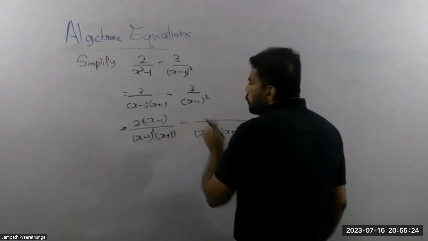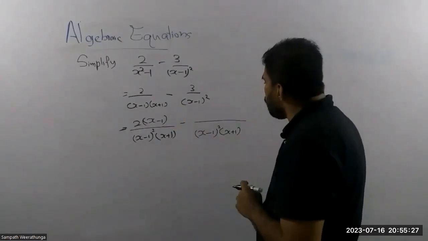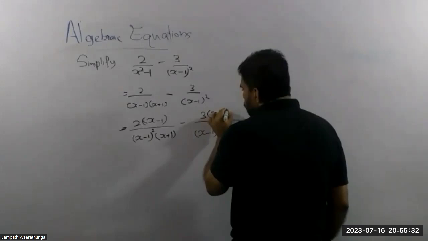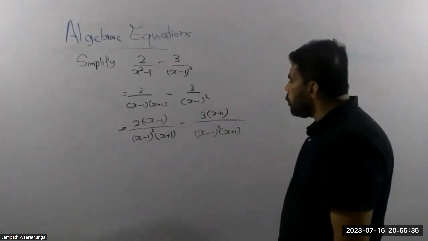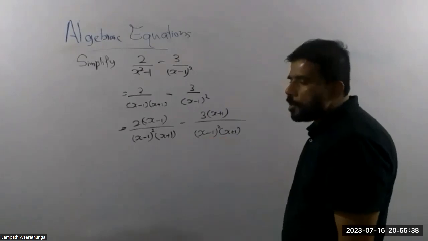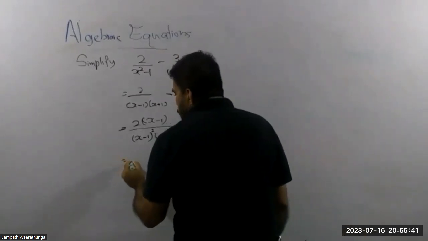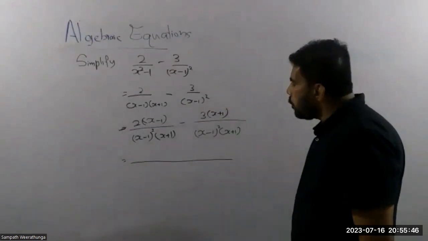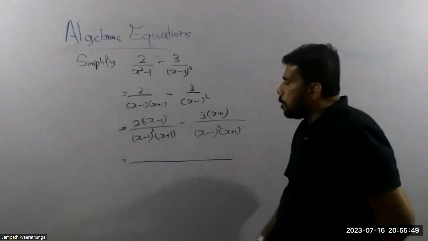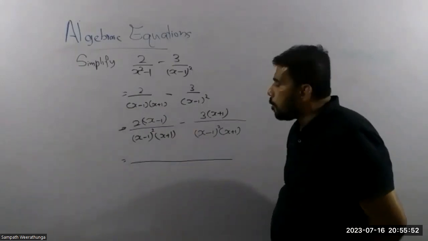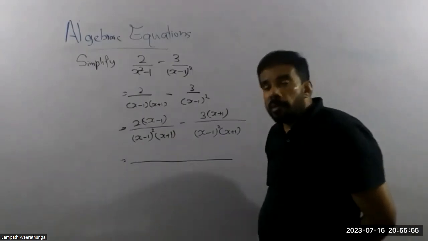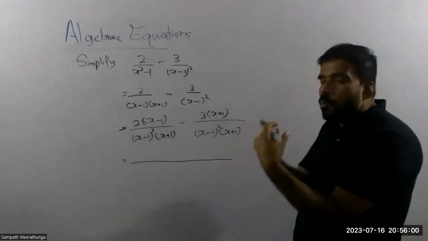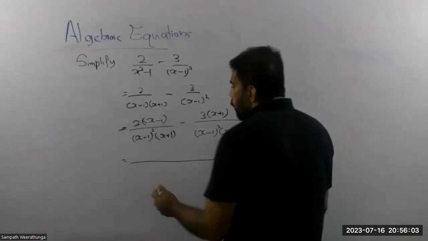Here the (x minus 1) squared term goes there, and now I introduced the x plus 1 term, so the numerator 2, I have to multiply by the x plus 1 term. Now my denominator is common, and the numerator shares the same expressions. If the denominator is common, we can take it as one expression.